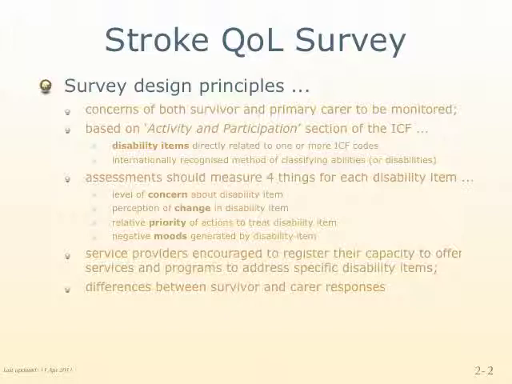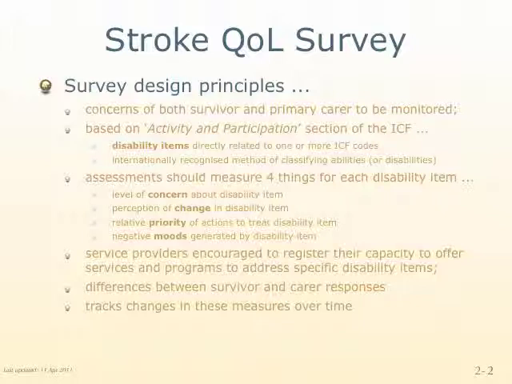By completing the survey at frequent intervals, it will track changes in concerns, priorities, and attitudes over time. This will be important to the stroke survivor and carer because it will give them a feeling of their progress along the long recovery journey.